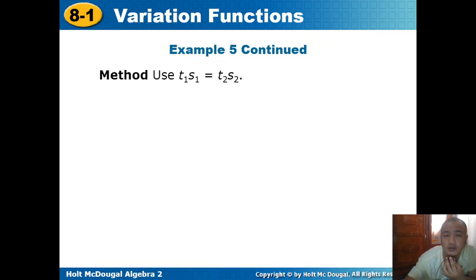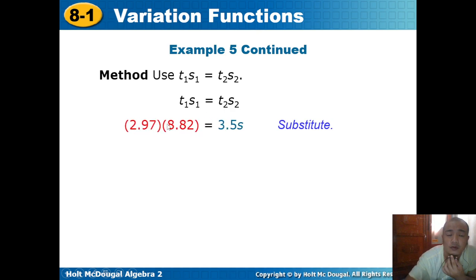Method 2 is we can use the formula t sub 1 times s sub 1 equals t sub 2 times s sub 2. Yan. 2.97 times 8.82 equals 3.5s. So, to solve for s, just multiply 2.97 by 8.82 divided by 3.5.